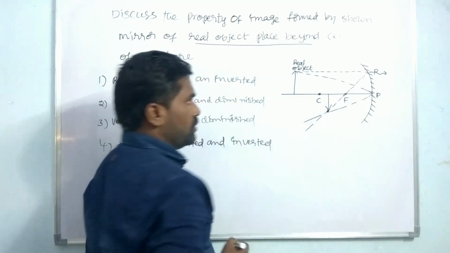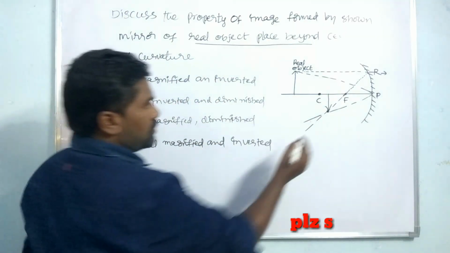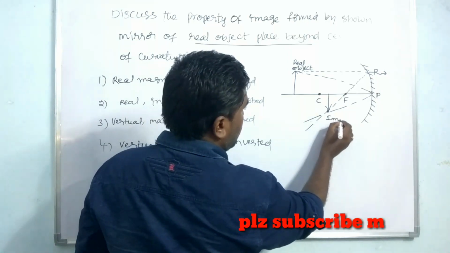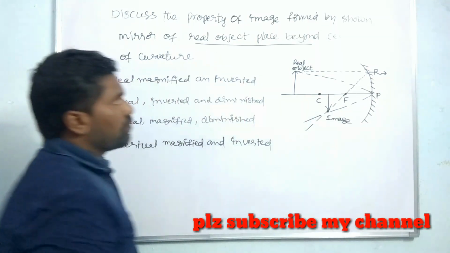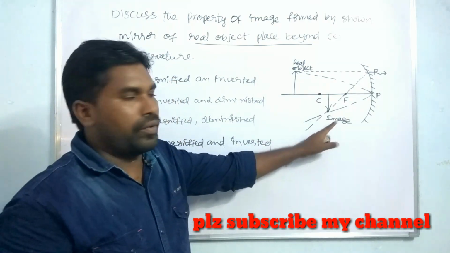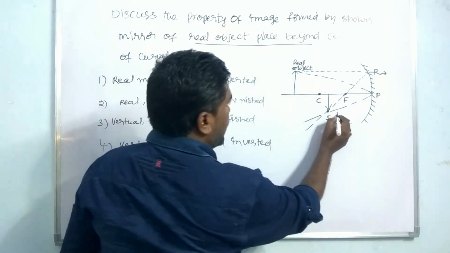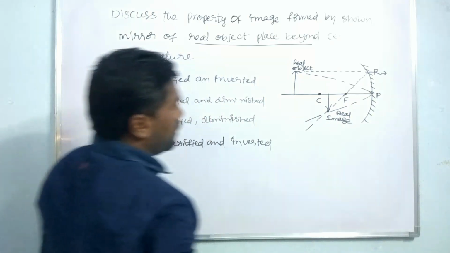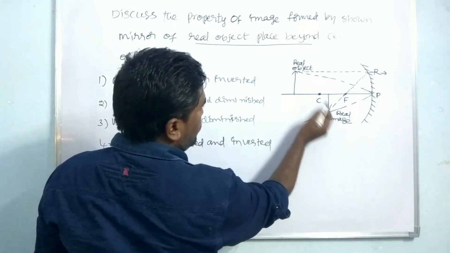So this is the object, the real object, and the image will be formed here. This image is a real image and a diminished image.